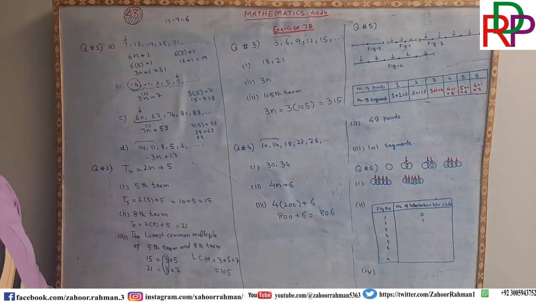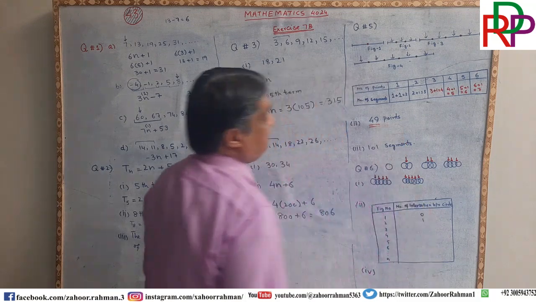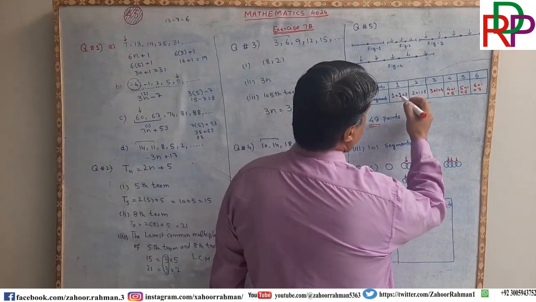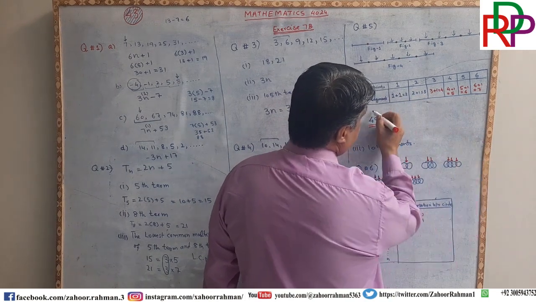Now generalizing this concept to a particular number of points. For example, in this they are saying that if there are 49 points, the formula is n plus 1. N is the number of points.